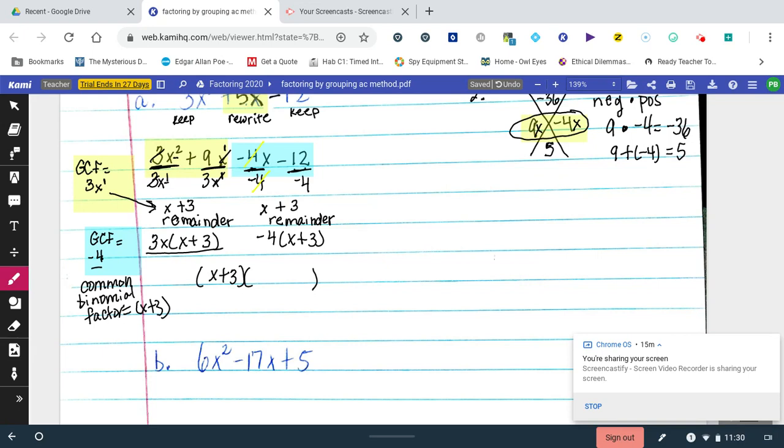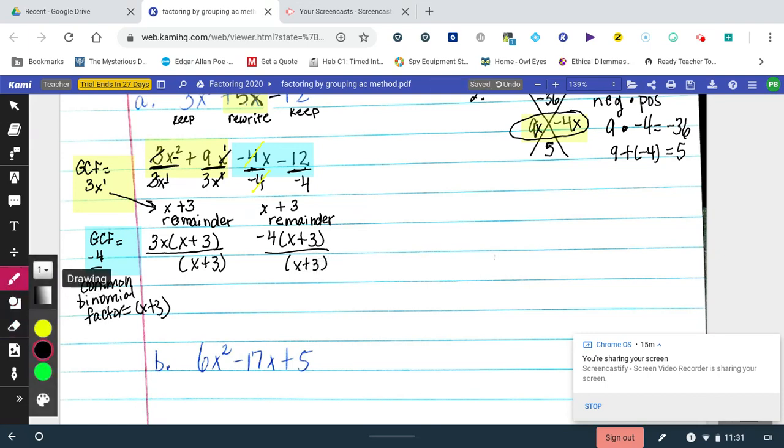Let me go back in so I can have some more room. I'm going to divide by that common binomial factor first. Divide by the common binomial factor, x plus 3. These are going to cancel.